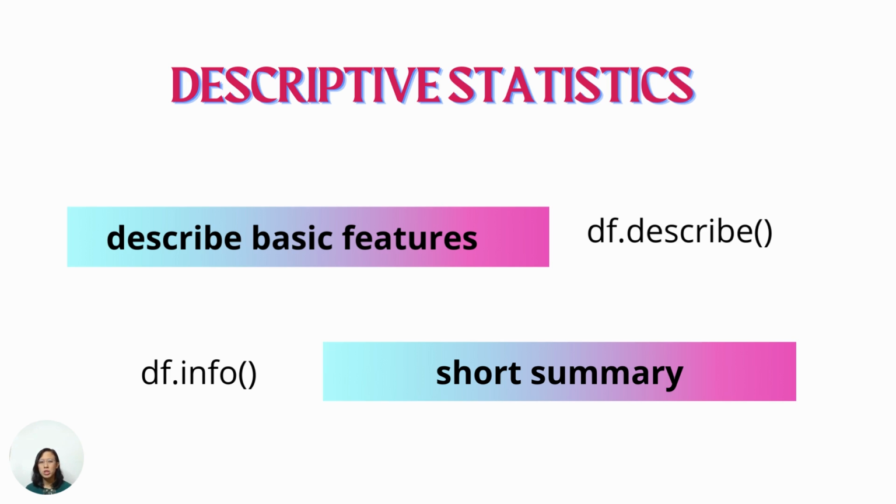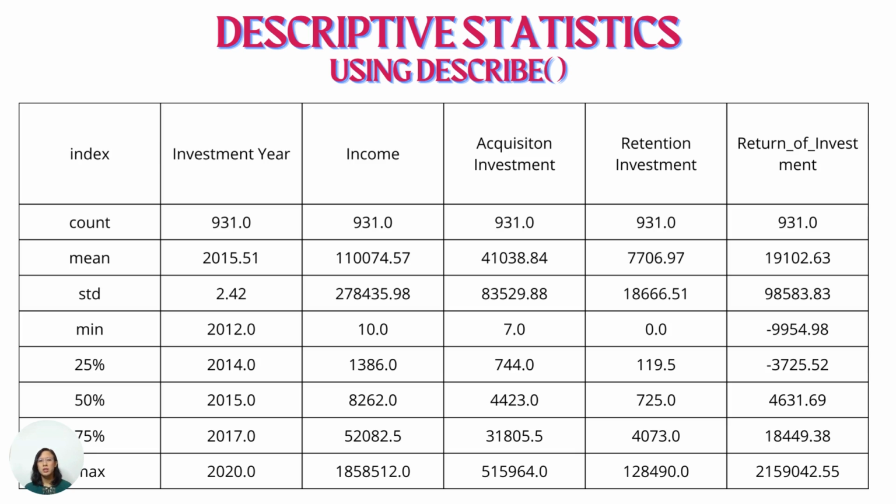Likewise, df.describe gives you a way to describe the basic statistical features of each variable. Let's see what we can do. This is the result obtained by df.describe. You can see that df.describe calculates the statistical values for each numerical column.